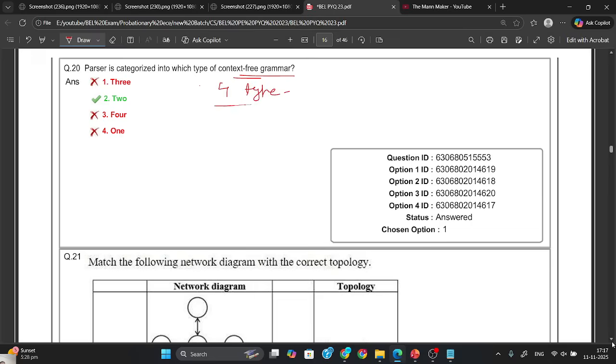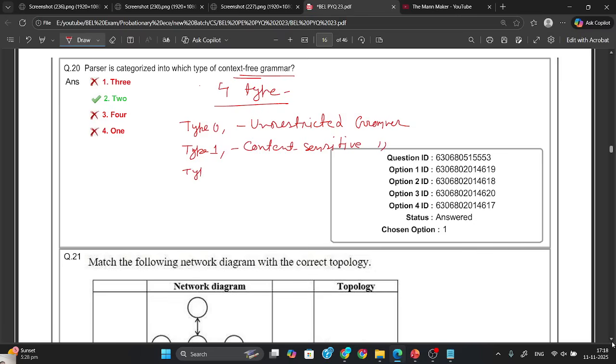The first one is type 0, which is unrestricted grammar. Then we have type 1, which we call context sensitive grammar.